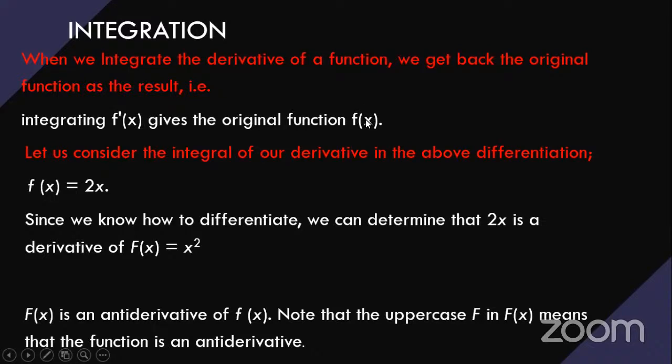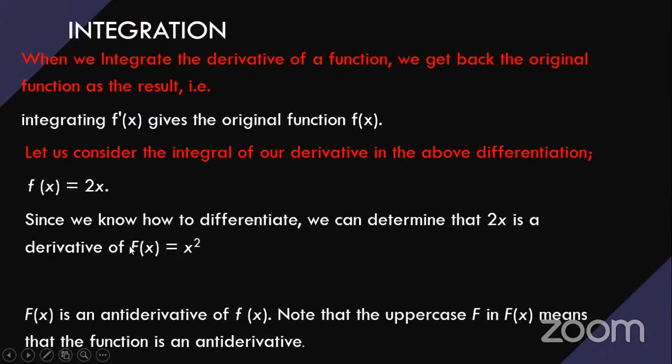So let us consider one of the examples we treated in our differentiation. If we have f of x equals 2x, since we know how to differentiate, we can state that when we integrate 2x, we get x raised to the power of 2.